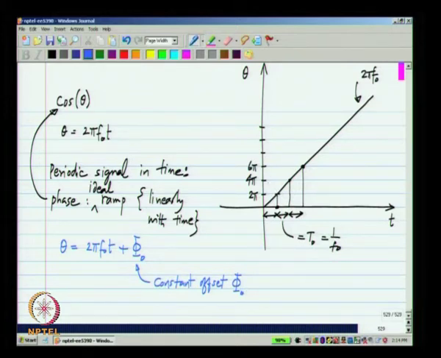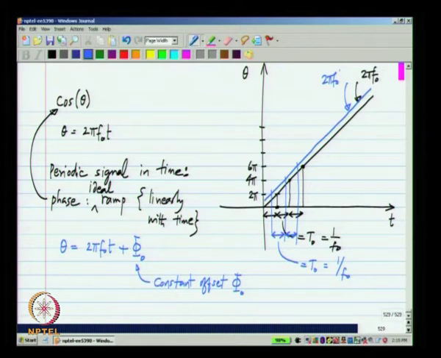I will simply get a ramp that is shifted by phi naught. The slope is still the same as before, it is 2 pi f naught. Okay. Here I am drawing the new phase theta with respect to time, and then I look at the times at which the new ramp crosses 2 pi. Okay. And it is clear that these intervals are also equal to each other and also equal to T naught, which is 1 over f naught. Okay.